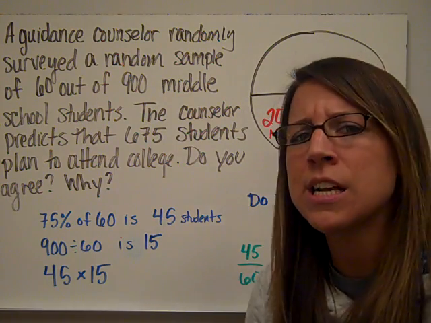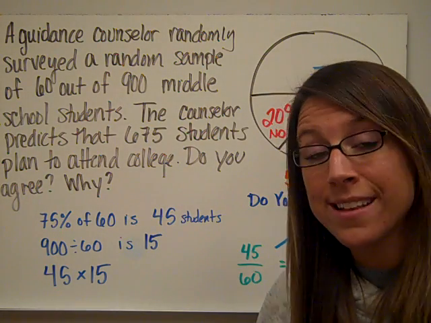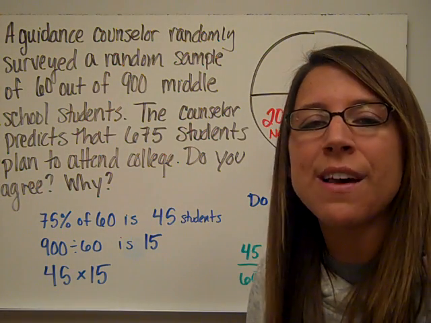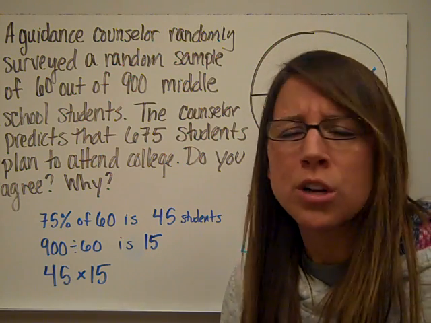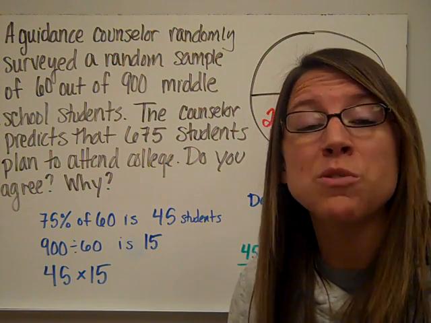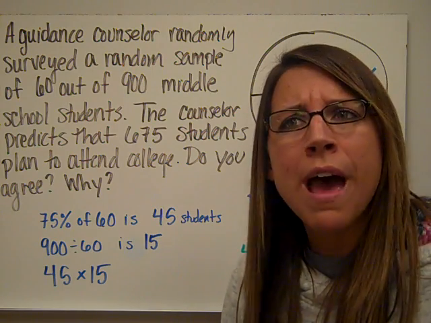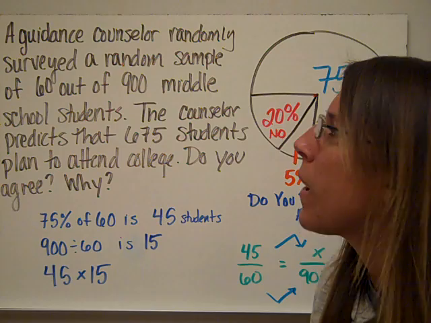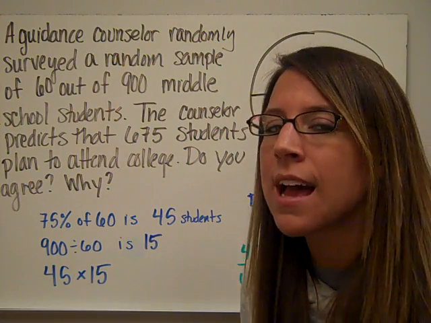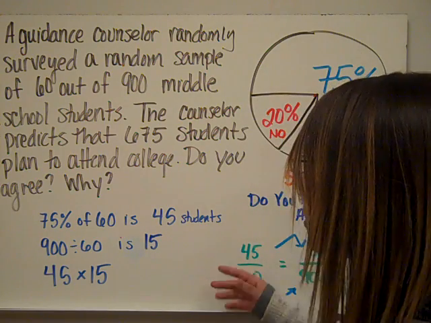Now 60 students were randomly asked this question. So that means 75% of 60 responded with yes. So that means that 45 students who were asked said yes, I plan to attend college.